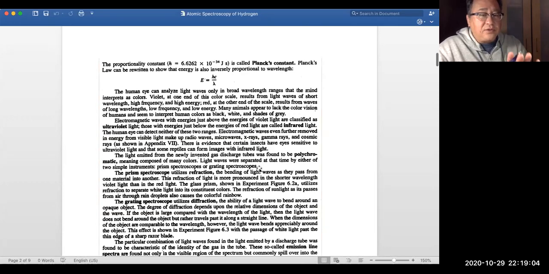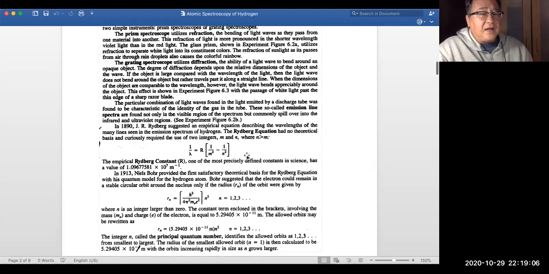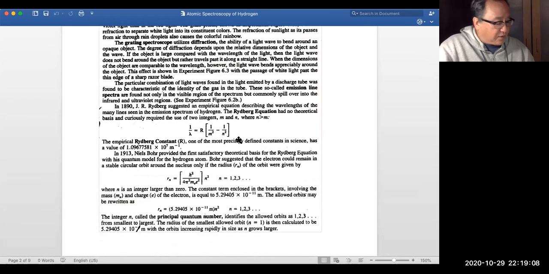So we're not going to read through this directly. Now, a really interesting thing in this particular one is something called Rydberg's equation. And Rydberg's equation is given there where you have 1/lambda is equal to R times (1/m² minus 1/n²).